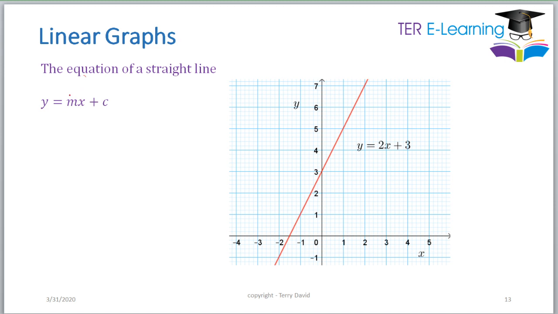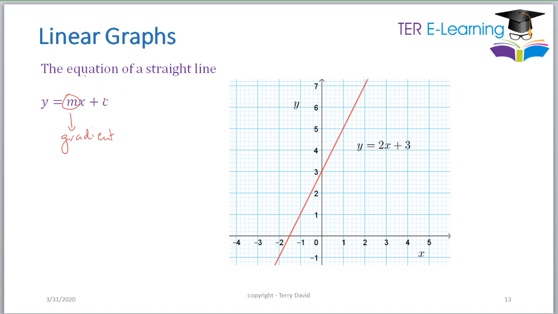There are two constants in this equation that are important to us. The first is this m. That m is what we call the gradient of a line. If you never heard the word gradient, it's simply the slope of the line. It measures how steep the line is.